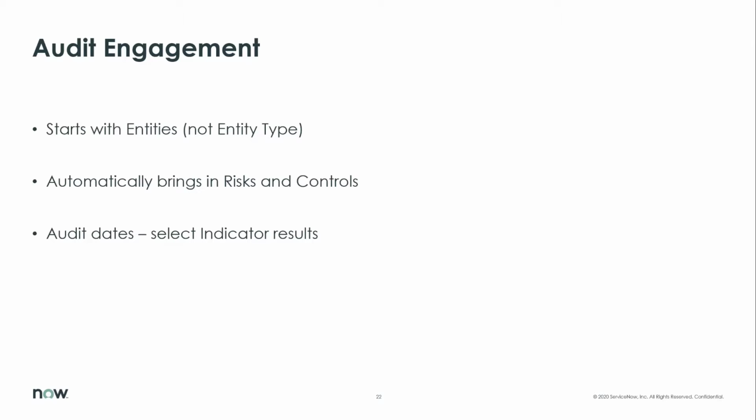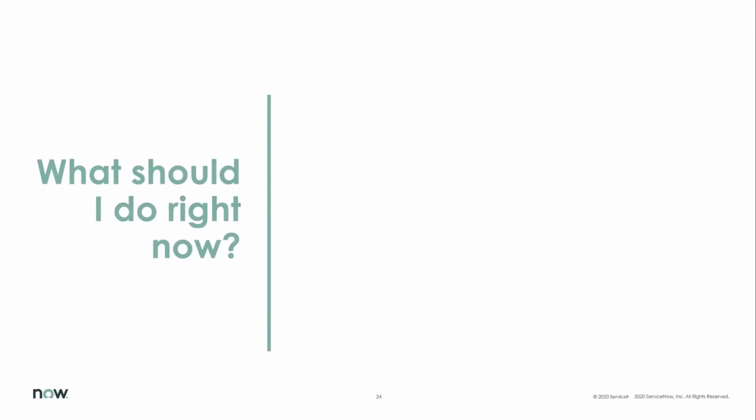All right. So we're now coming to the end of this tutorial. Anne-Marie, what would you recommend our audience, people who are viewing this tutorial, do right now, like in the next hour after they've finished watching this tutorial? Yeah, so in the next hour, I recommend that you take the free audit class on Now Learning.